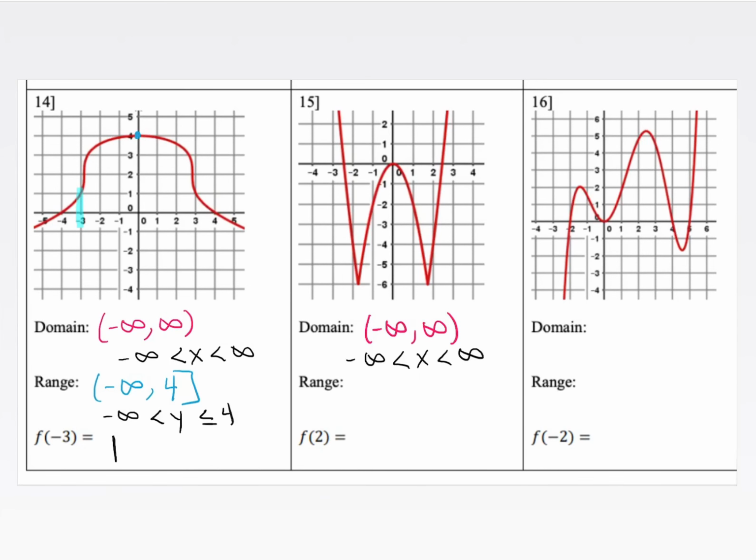Our lowest possible number is -6, and we have a solid line there. But the highest possible value goes up and up towards +infinity, so we have a parentheses there. Our inequality would be -6 is less than or equal to y, which is less than positive infinity. For f of 2, when x is 2, we're going to find positive 2, go down until we get -4.